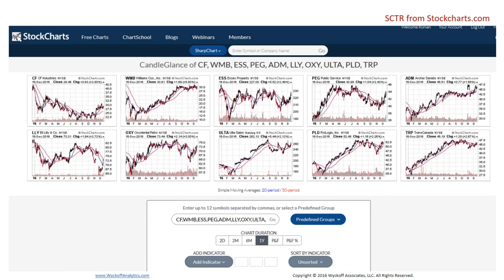Think about this idea, right? Long-term outperforming, intermediate-term consolidating, and then short-term starting a move. And it's kind of the same everywhere.